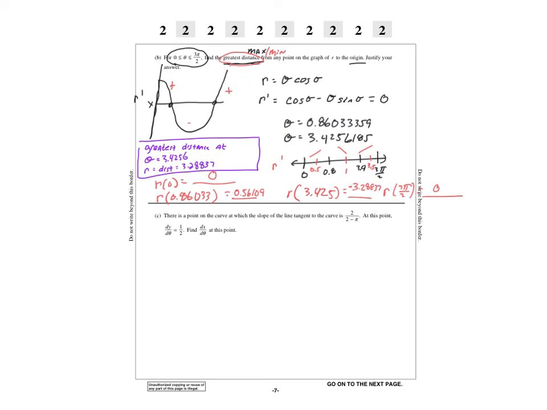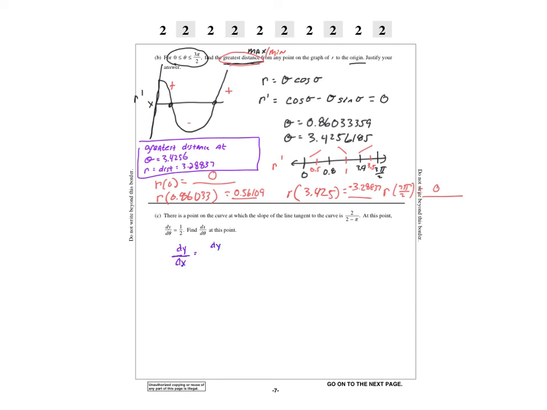All right, now looking at part C, there is a point on the curve at which the slope of the line tangent to the curve is 2 over 2 minus pi. At this point, they're giving me the dy d theta. They want me to find the dx d theta. So I'm thinking that if I'm going to do slope at a point, I'm starting with my dy dx.